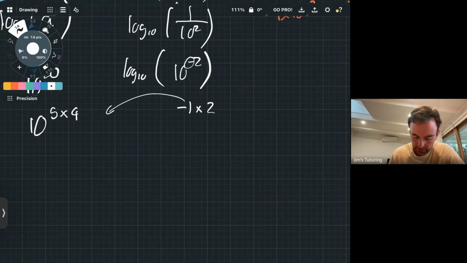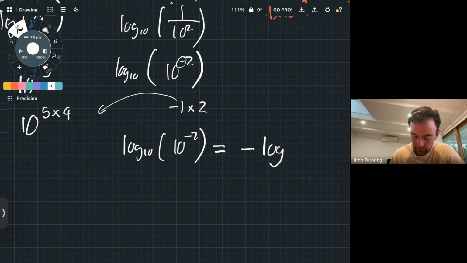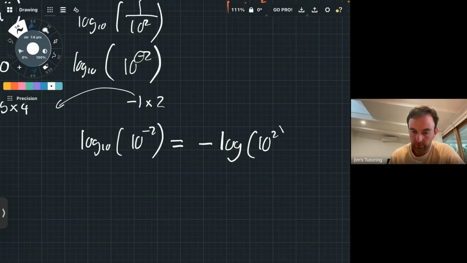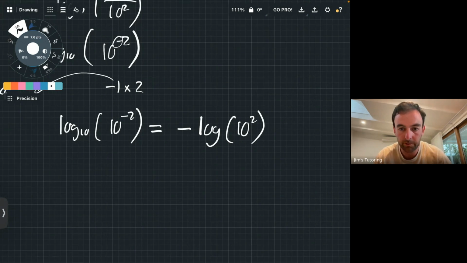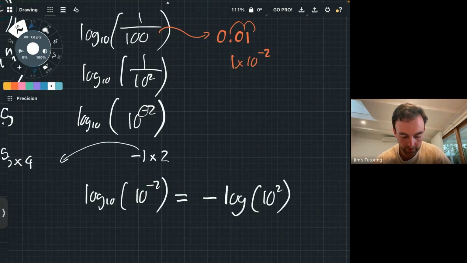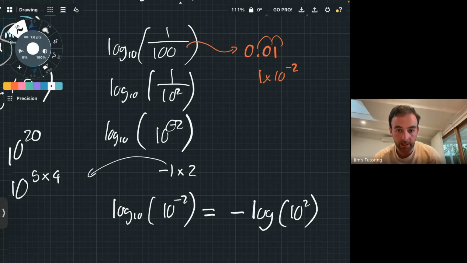Just to go through that here, if we had log 10 of 10 to the -2, this would be the same as negative log 10 to the 2. So if you get stuck with some kind of number with 1 over a number, make it into a negative power.